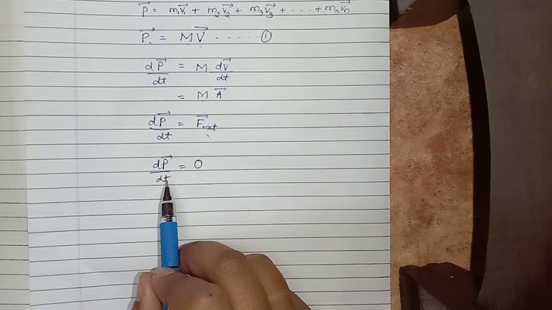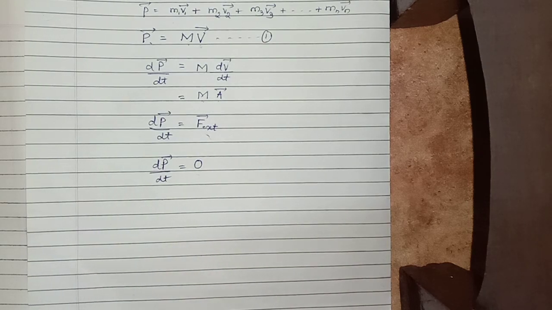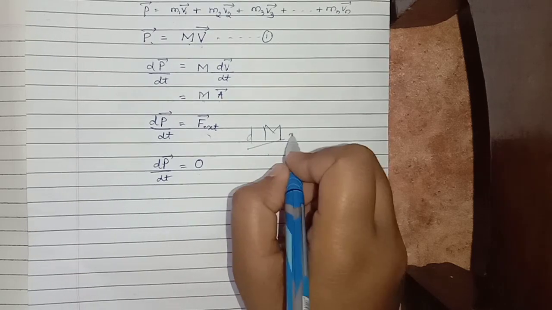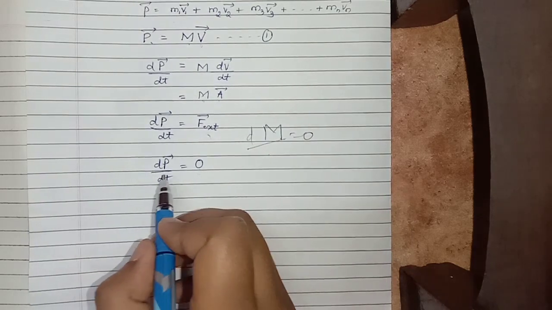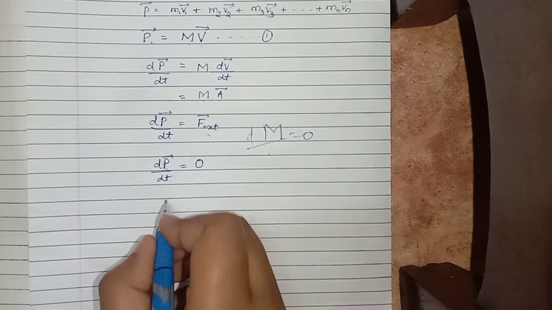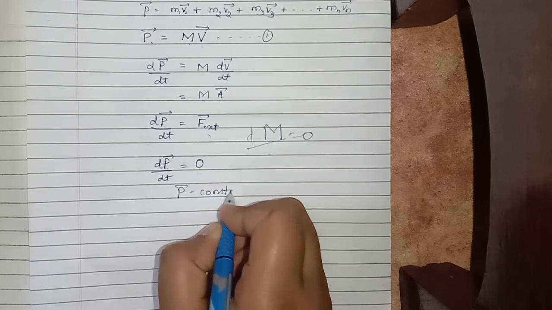The differentiation of a constant is equal to 0, you will write, na? If m is a constant, the differentiation of a constant is nothing but 0. So if the differentiation of p is equal to 0, p becomes constant.